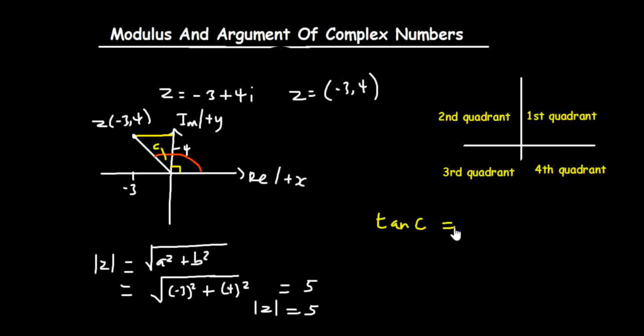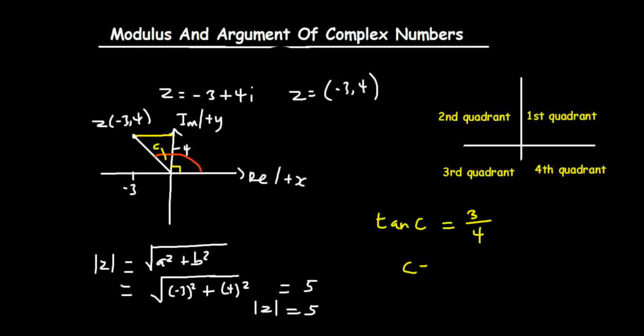Tan C will be equal to opposite. So the opposite in this case is minus 3. Okay, but when you want to find the angle, you don't consider the signs. So if it is minus 3, you have to ignore the sign here. So tan C will be equal to opposite, which is 3, divided by the adjacent, which is 4.